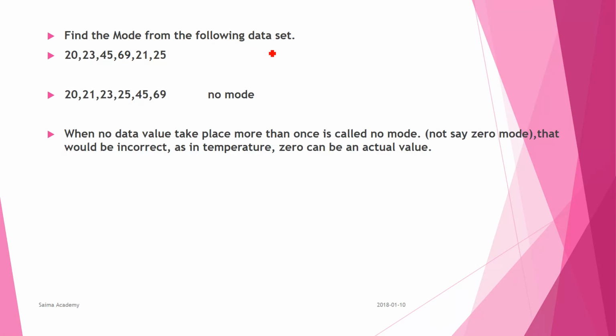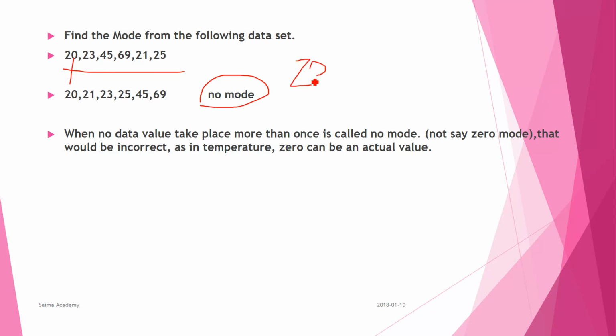Find the mode from the following data set. All these numbers are different. When I have arranged them, I notice 20, 21, 23, all numbers are different. It means no mode. We do not have any mode in this data set. So if there is no mode, you have to say no mode.